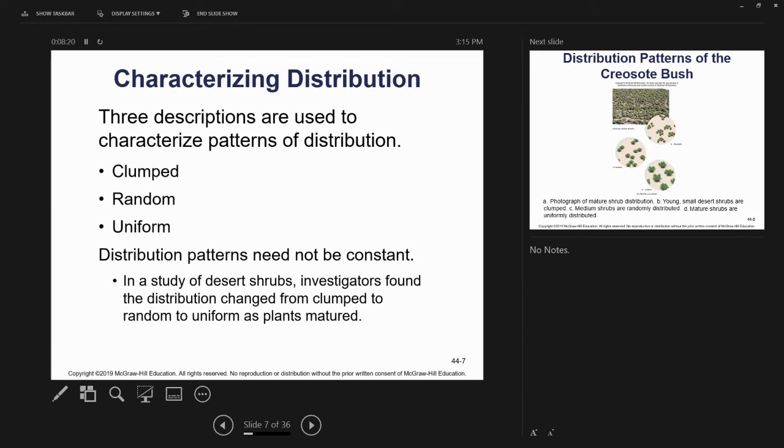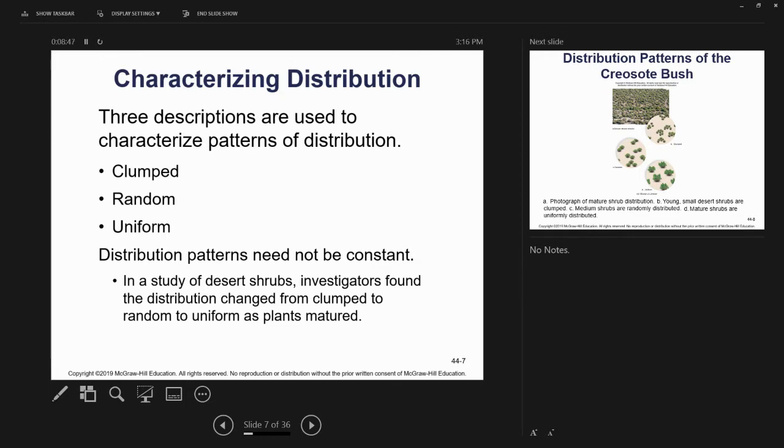The distribution patterns don't have to be constant. So an organism might experience each of these or more than one of these at different phases in its life history. For example, desert shrubs were found to change, starting as clumped when they were juveniles, and as the plants matured, they moved to a more uniform distribution.